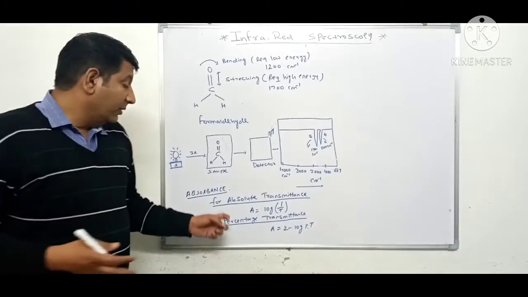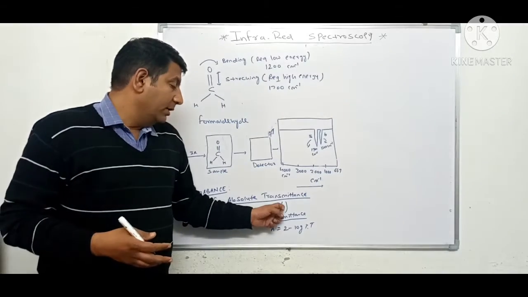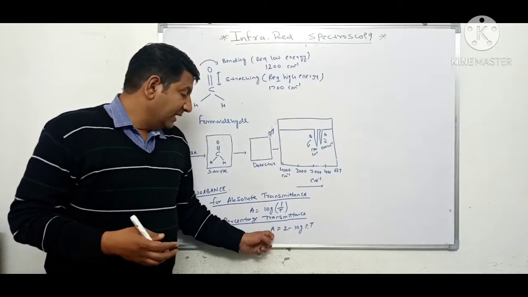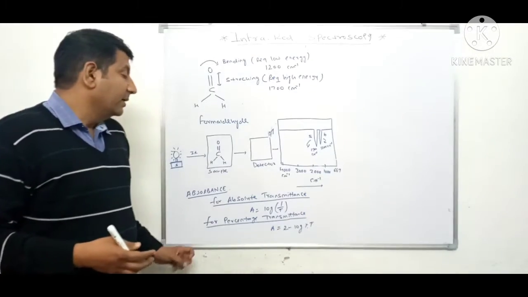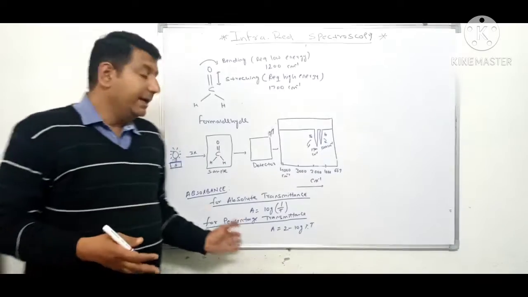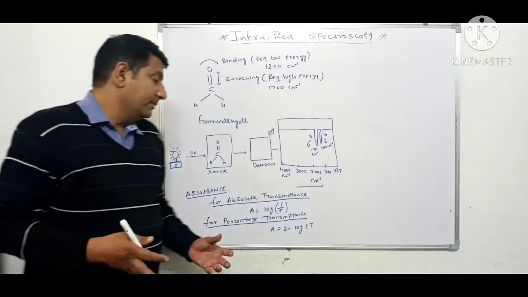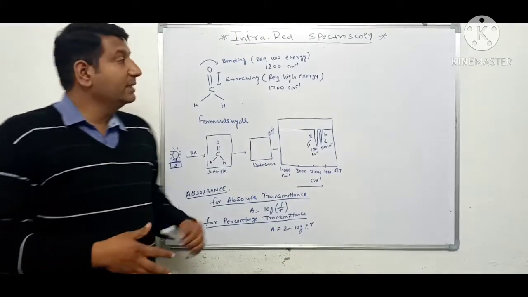The formula for absolute transmittance is A equals log of 1 upon T. The formula for percentage transmittance is A equals 2 minus log percentage transmitted light. These formulas can be applied to determine the absorbance and transmittance of the samples if any numericals come regarding this topic.